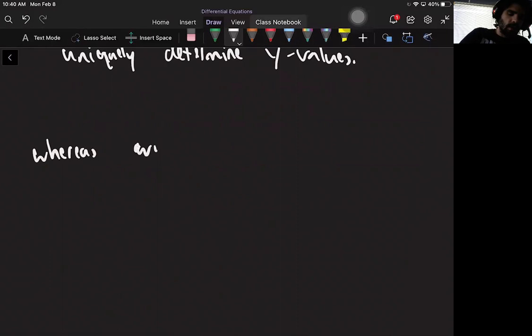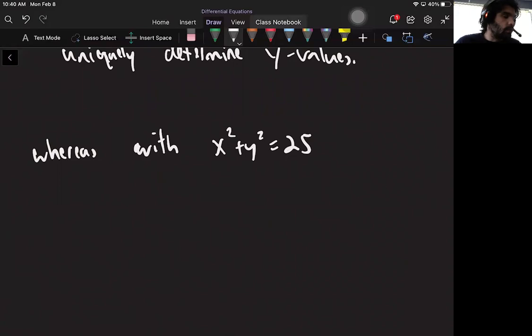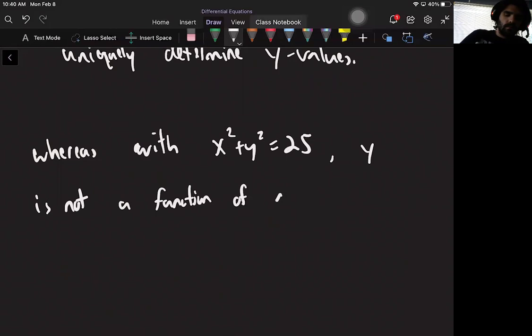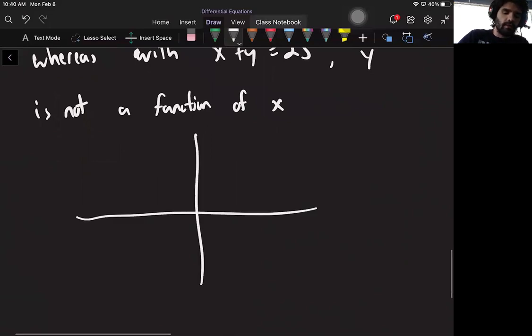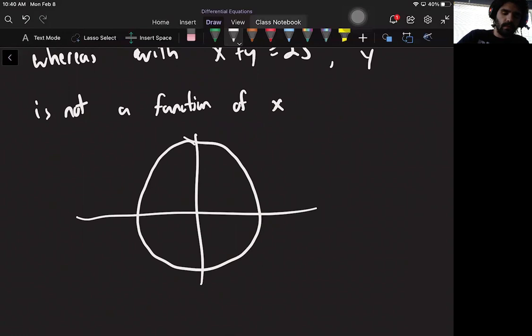Something like this, you might remember, graphs a circle. But the point right now is that it's not a function. y is not a function of x. You do study these things, just not as commonly. And you can see that it's not a function when you look at the graph. This radius is 5 here, so this would be 5, 0. The reason it's not a function is that if I plug in an x value, it does not uniquely get sent to a y value; it gets sent to 2.